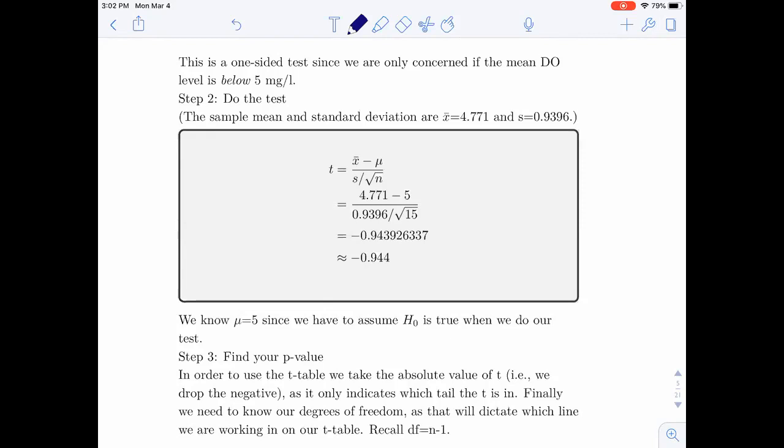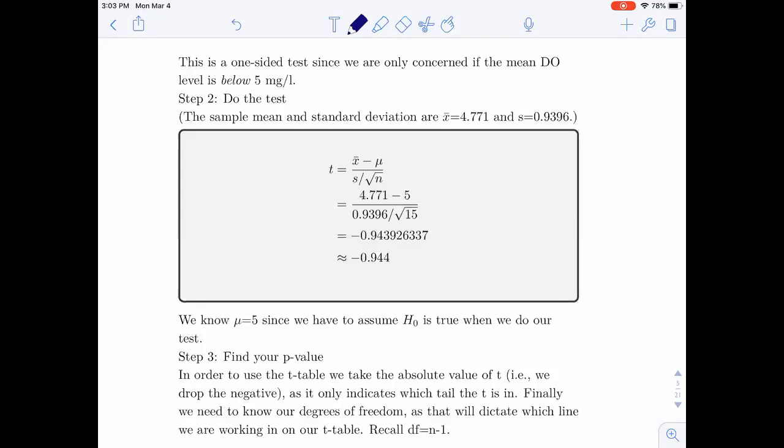So we've got this negative 0.944, which actually looks good because this is where we check in and say, okay, where is this test going? Because it's not very large in either direction, we already suspect that we are not going to reject the null hypothesis. In our case, we didn't want to reject the null hypothesis because rejecting it means the aquatic life is at risk.